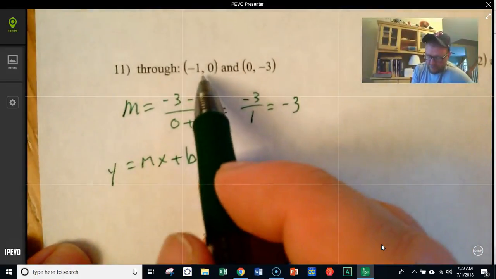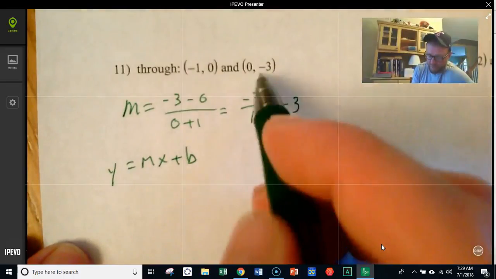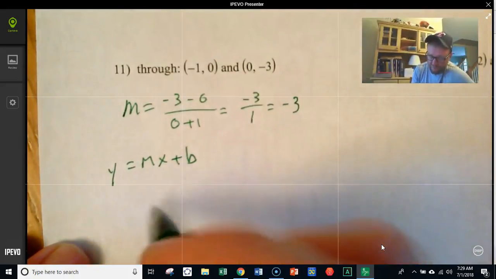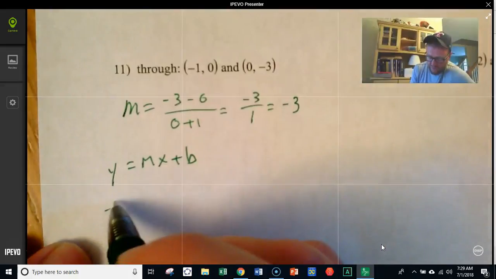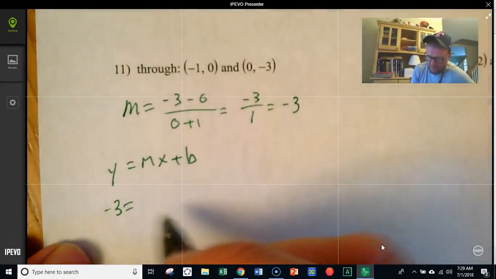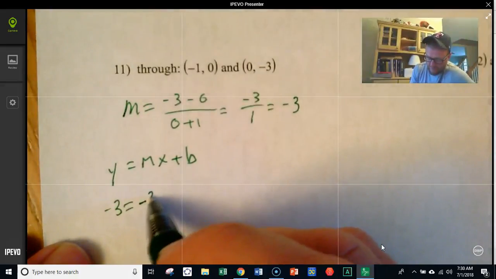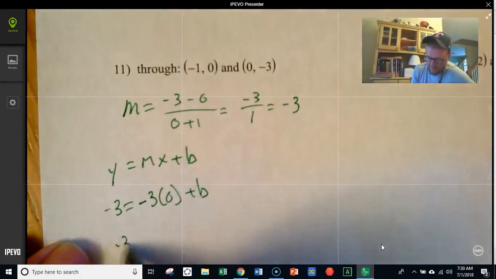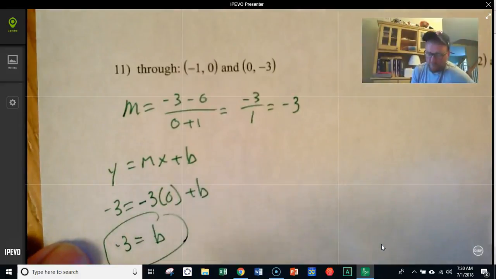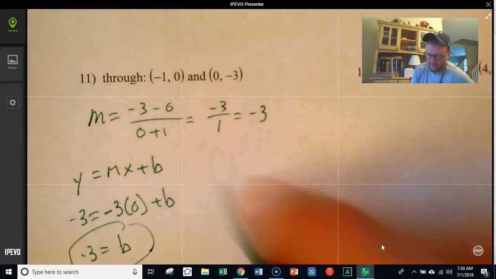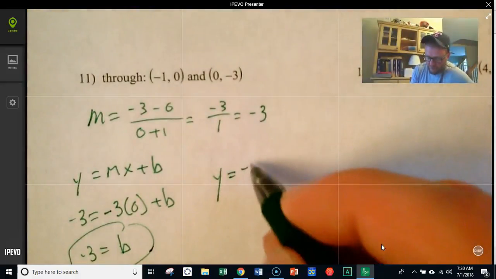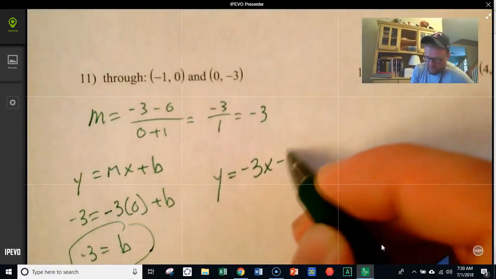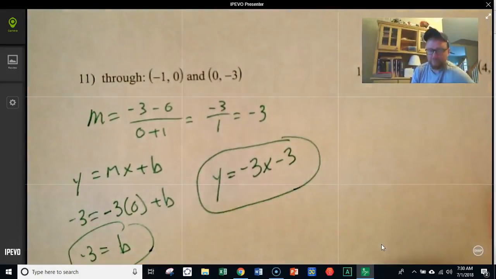We'll take the point with the 0 over here, 0 in the x position. So that's negative 3 equals negative 3 times 0 plus b. So negative 3 equals b. It falls out of the middle there. So our equation is y equals negative 3x minus 3. Okay.